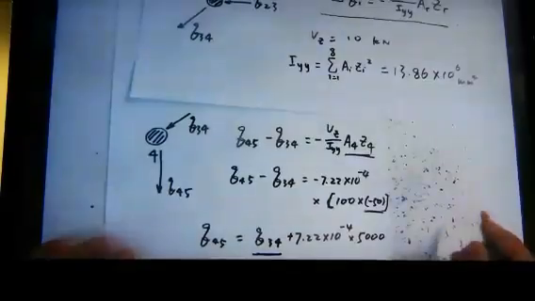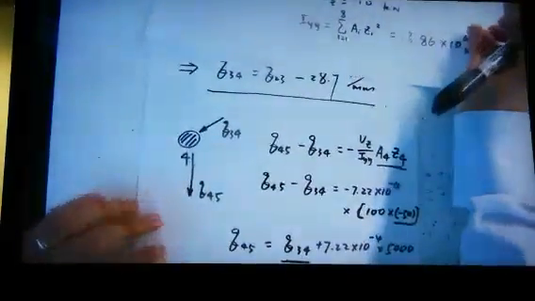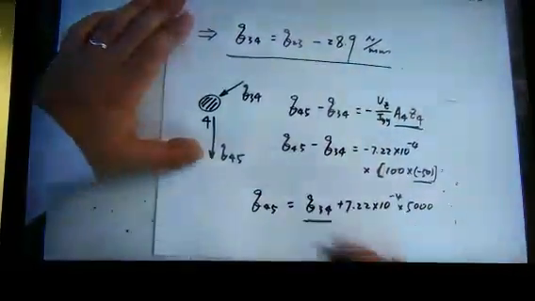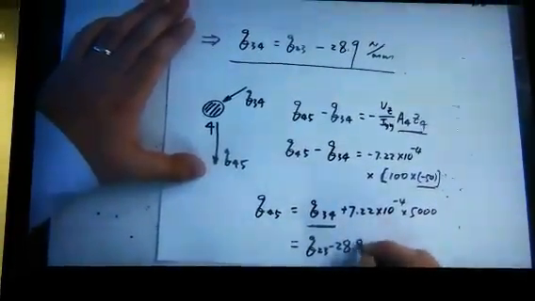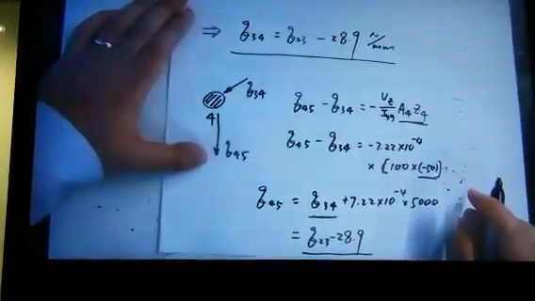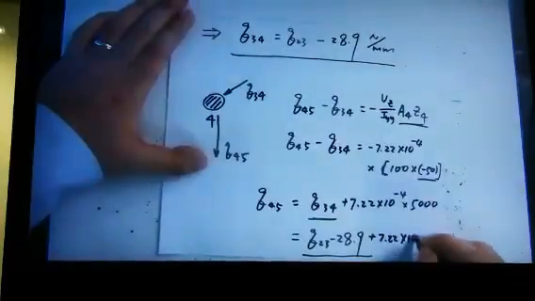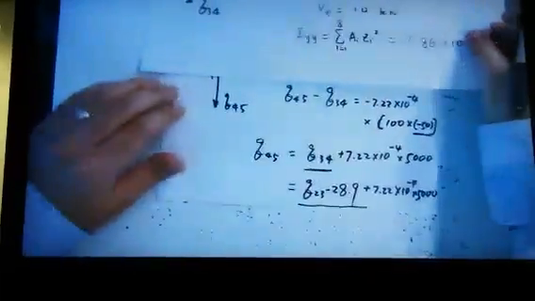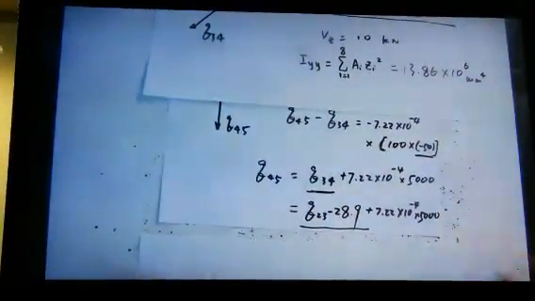Q34, you already figured out. Q34 from boom 3 you already calculated. Use that equation. It's going to be Q23 minus. Then you will have Q45.